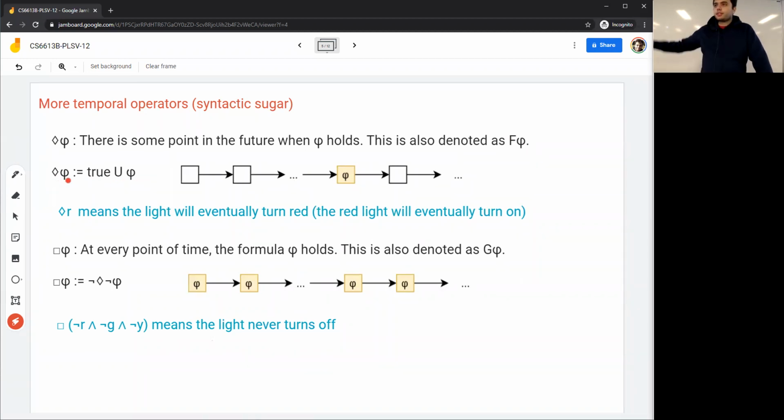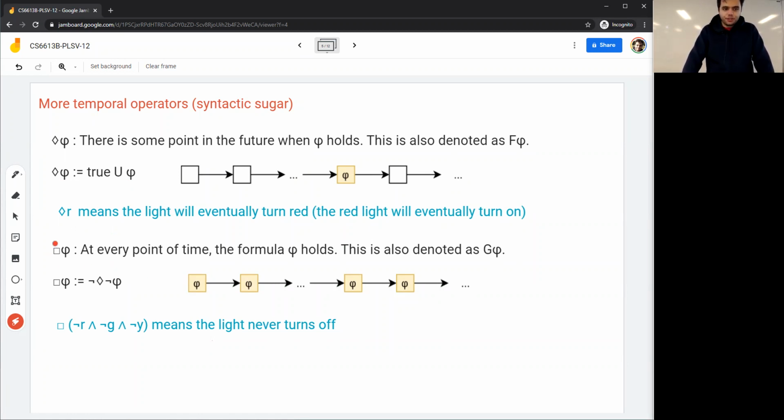It says that there is some point where phi holds. Well, and true holds all the time, right? So if I say true until phi, this is the same thing. There is some point that phi holds. And of course, true holds all the way until that point. Okay? So if I have eventually R, this means that the red light will eventually turn on, or the light will eventually turn red. Okay?